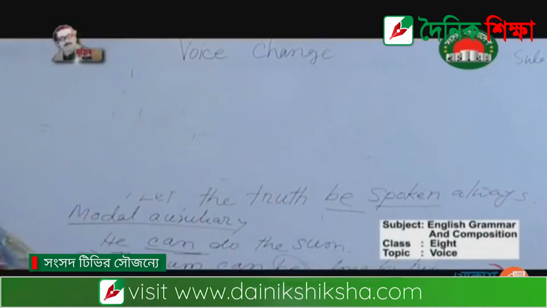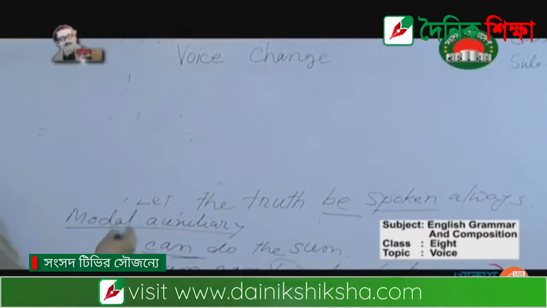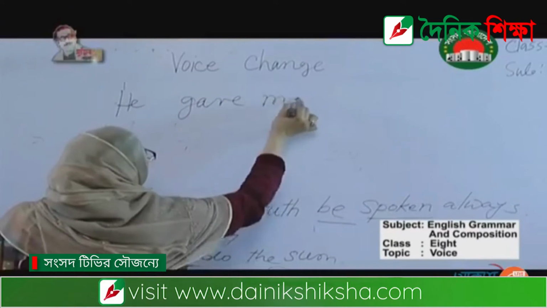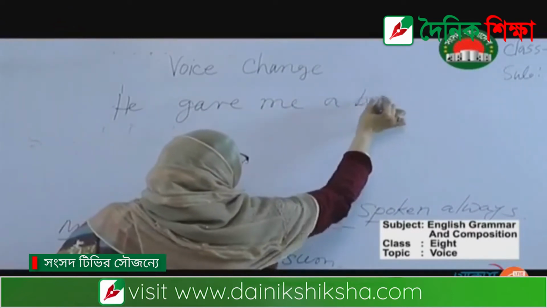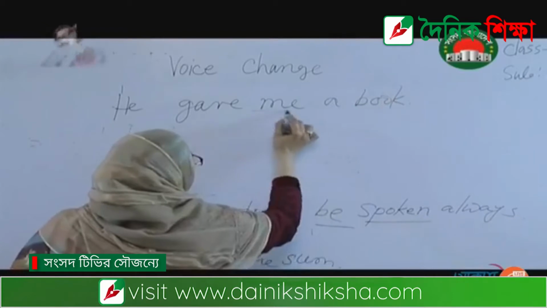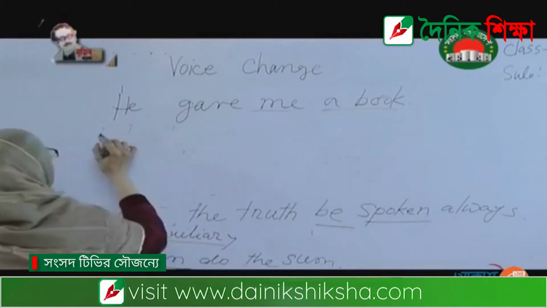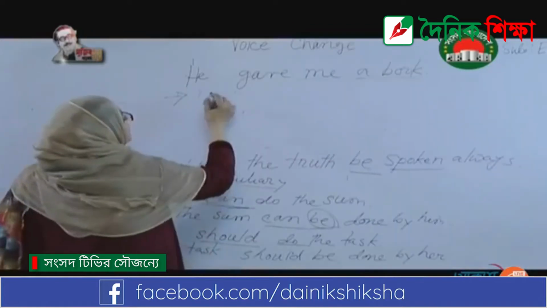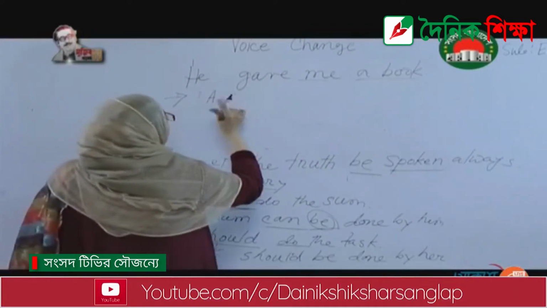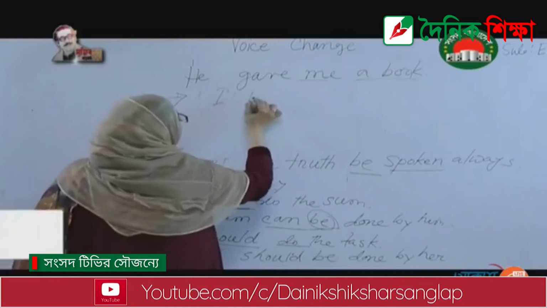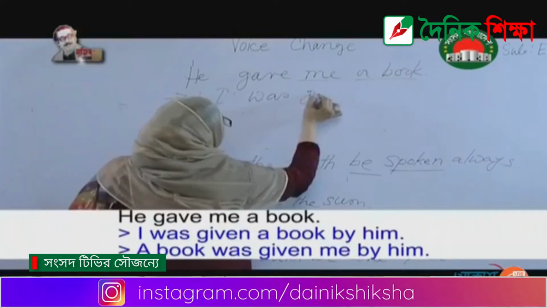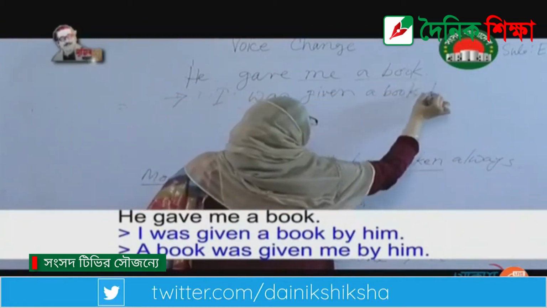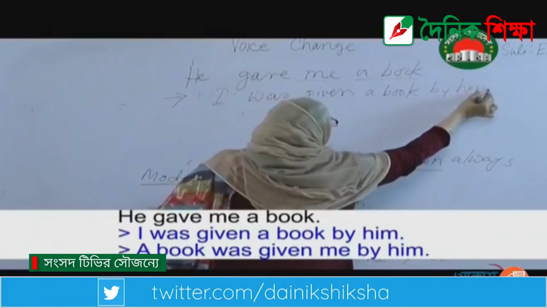Now we see some other examples by using double object. He gave me a book. Here we see the double object. One is me and the other is a book. We will turn it into passive. I was given a book by him.